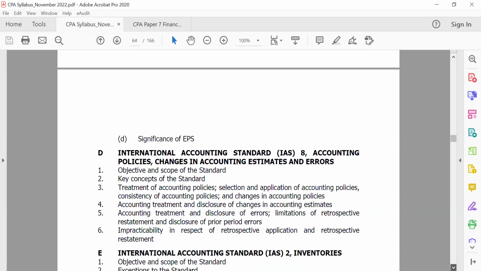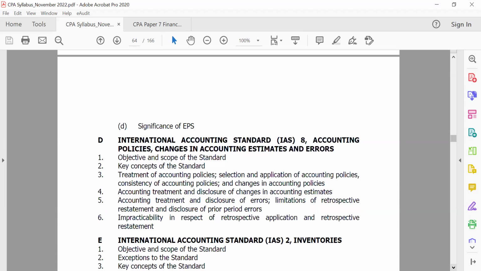And then there's another accounting standard here, which is International Accounting Standard, IAS 8, which is now to do with accounting policies, changes in accounting estimates, and errors. So this is also a very key standard. We understand that businesses have different accounting policies. And accounting policies could be as simple as the depreciation rates that an entity has.